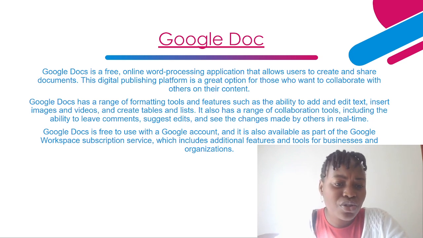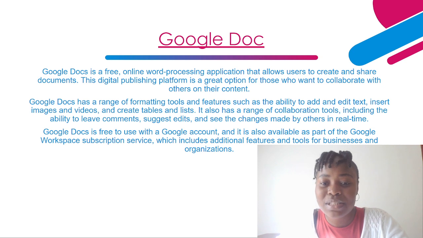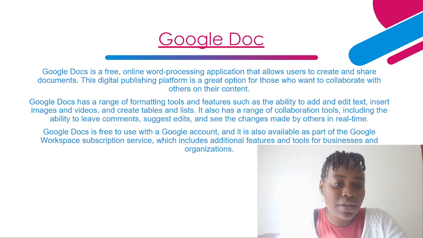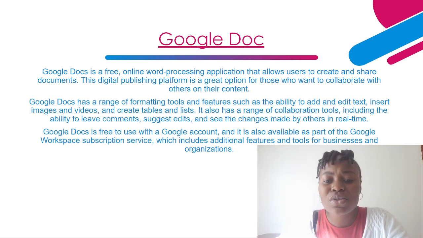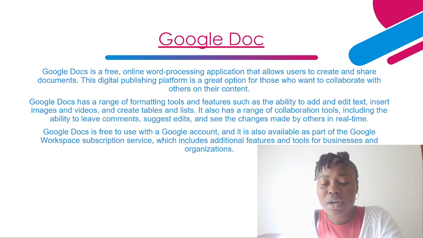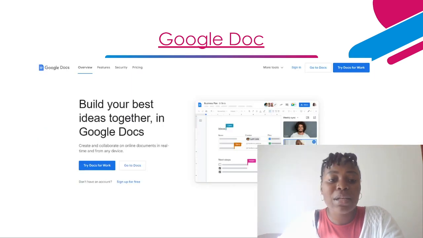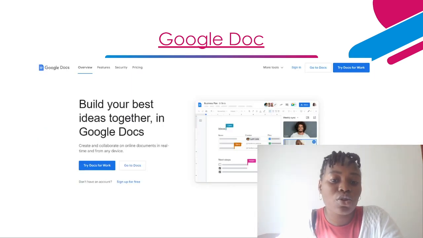And so Google Docs has a range of formatting tools and features such as the ability to add and edit text, insert images and videos, as well as create tables and lists. Google Docs uses similar features to a Word document.